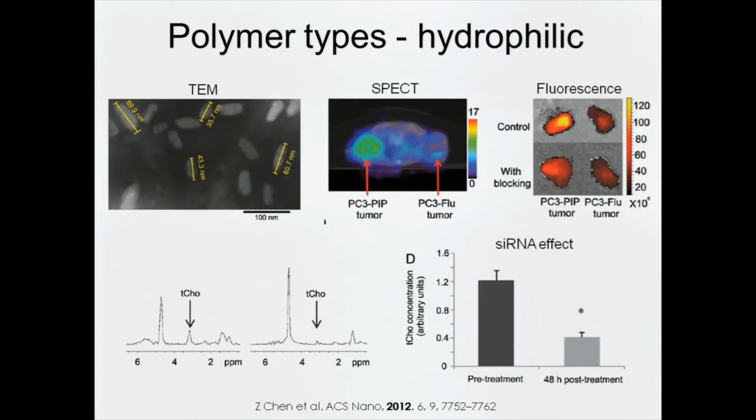This is another experiment where you're looking at tumors taken from this type of mouse. It's different types of tumor. And in this instance, they injected an excess of the free targeting ligand. And you can see that the uptake of the agent is suppressed when they do that, indicating the targeting mechanism.